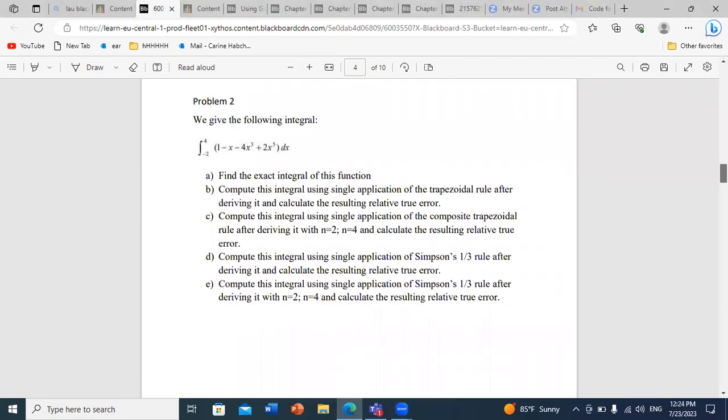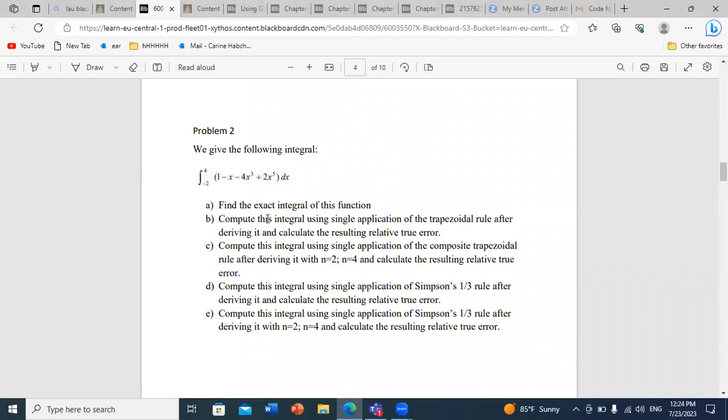Okay. Now, for example, this problem is close to a problem I gave you in the assignment, but here we also asked for derivations. If I tell you, for example, compute this integral using a single application of the trapezoidal rule after deriving it, you have several ways. What is the easiest way to come up with the formula?